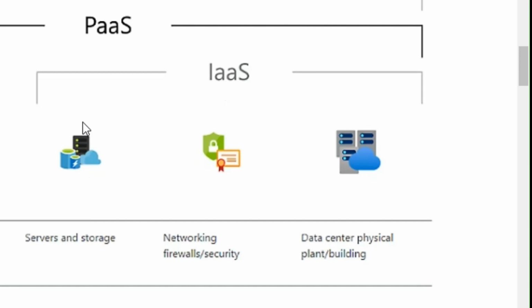IaaS is a service. It is a cloud service. If you go for an IaaS solution, you will have server and storage, networking, firewall, security, data center, physical plant, building. So in case of IaaS, you will get server and storage, networking, and data center.